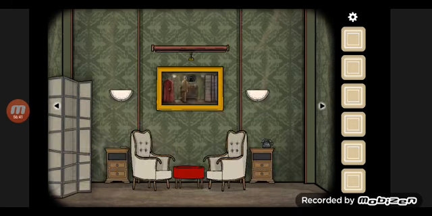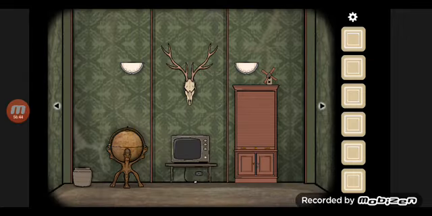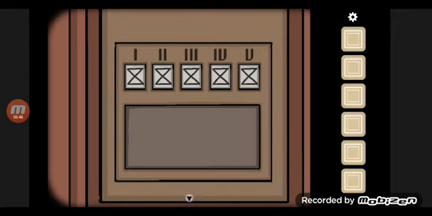But before that, we'll need to enter the symbols that you can see. This is the first one. This is the second one.